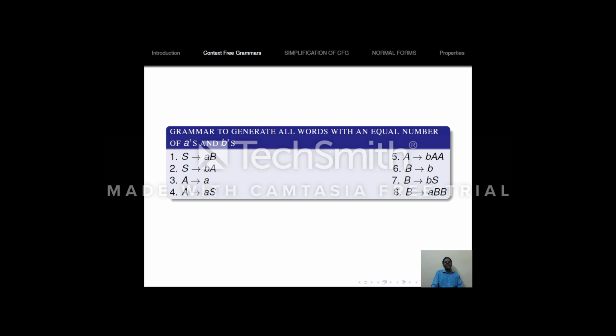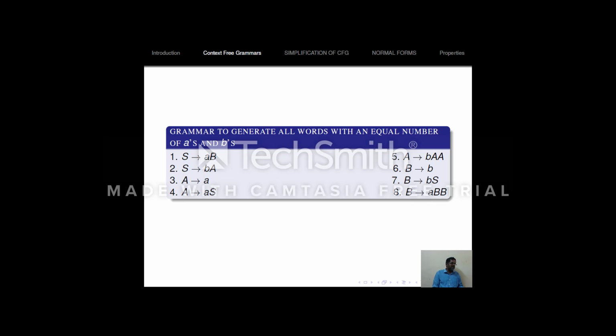So for that, see this, we are categorizing this. First, whenever we generate small a, we have to ensure that one B is generated. See here, rule number 1, S goes to AB. What will this rule do?